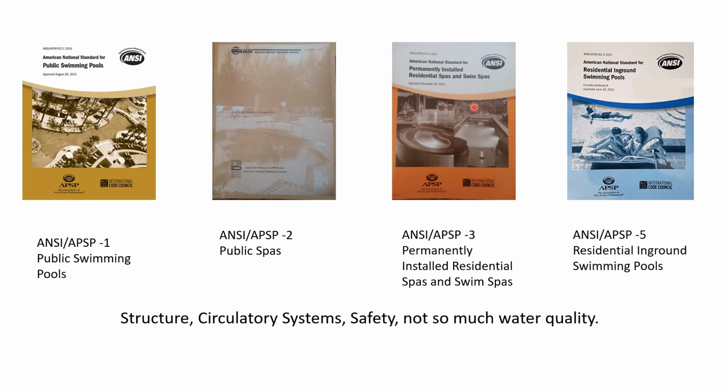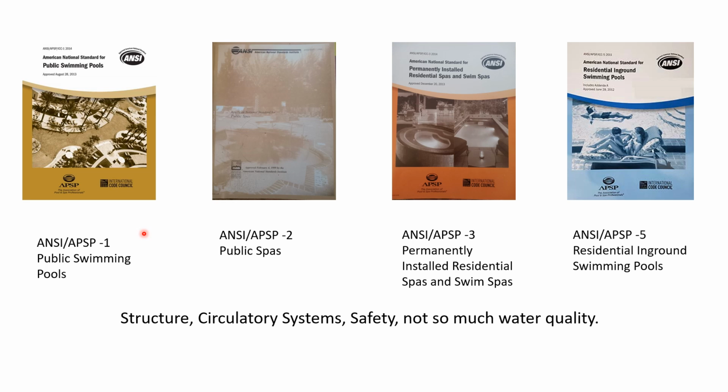Okay, so we're going to look at the four ANSI now. These are going to be important for you. You've got the 1, which is public swimming pools. It's pretty obvious. Now these books are more about the structure, not so much the water. The structure and the safety.